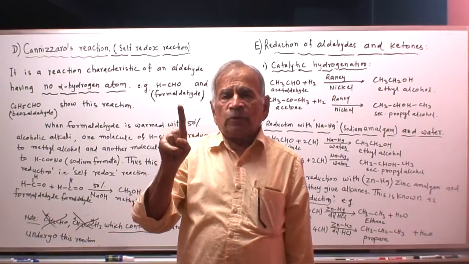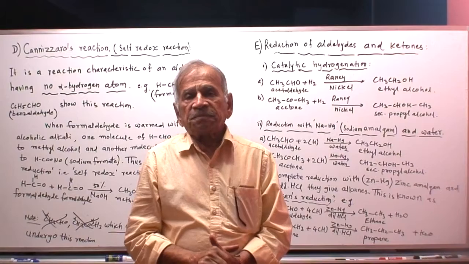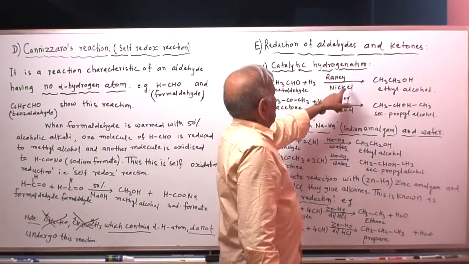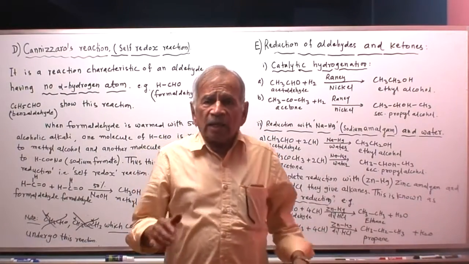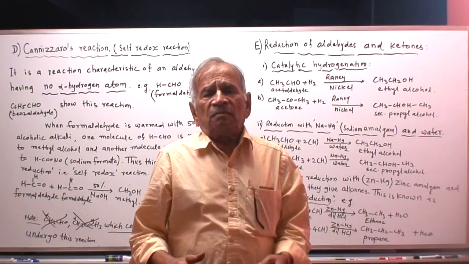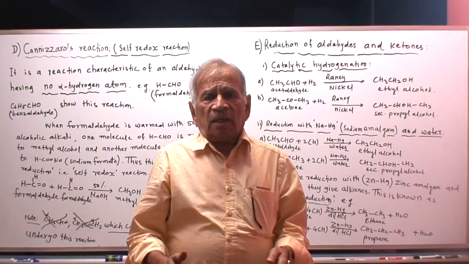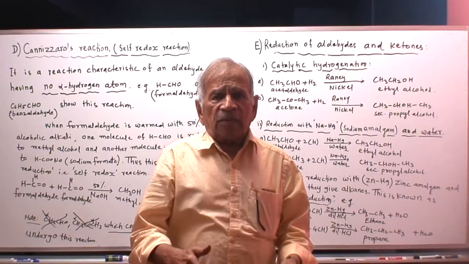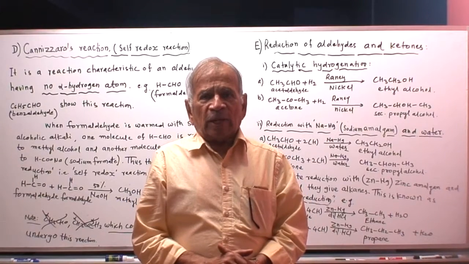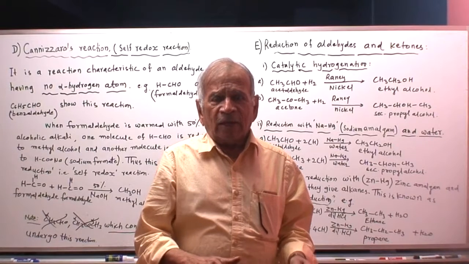Number one, by using molecular hydrogen gas in presence of Raney nickel. Raney nickel, I remember I told you, is nothing but an alloy of aluminium and nickel. When that alloy is treated with, leached with caustic soda, aluminium goes away.